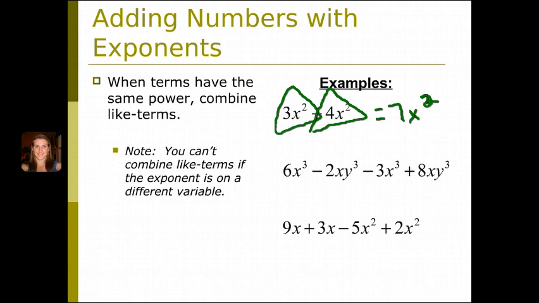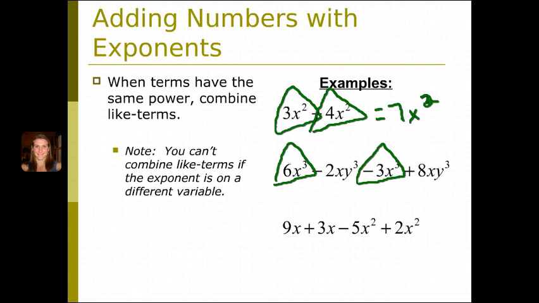Okay, for our second example, we are only combining like terms if they have the same variable and exponent. So what else in the problem has an x to the third? Well, you've got 6x to the third, and then we have a negative 3x to the third.